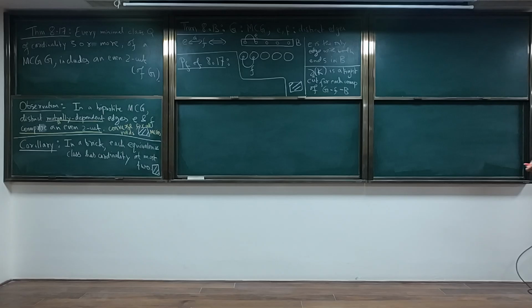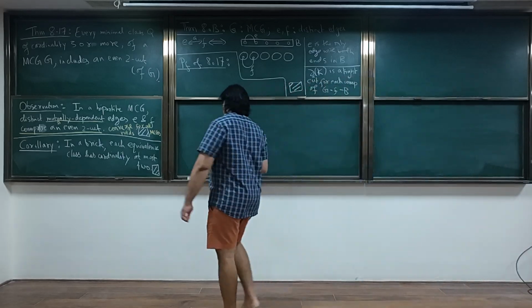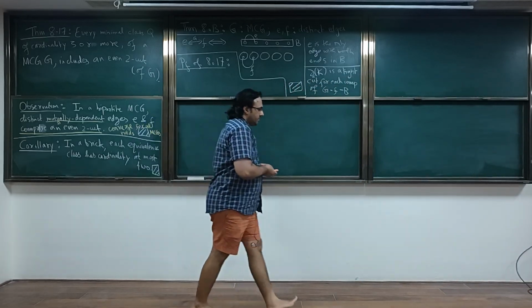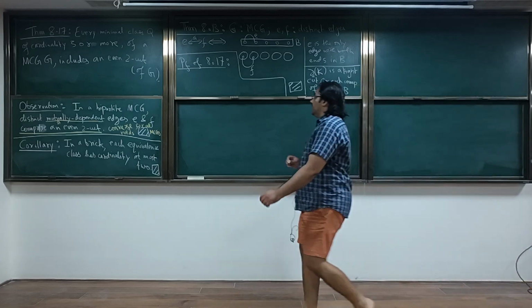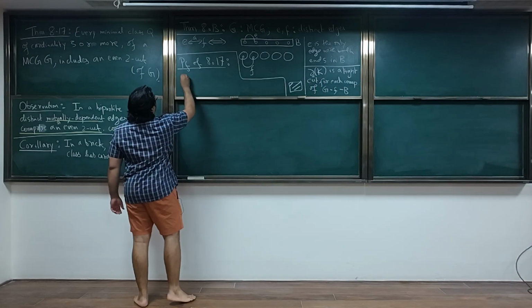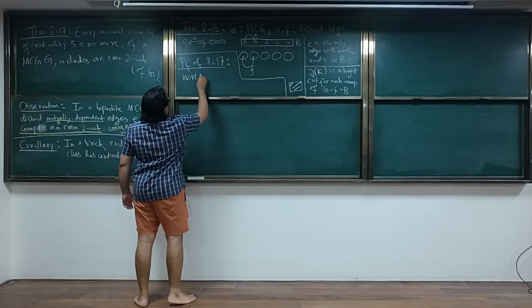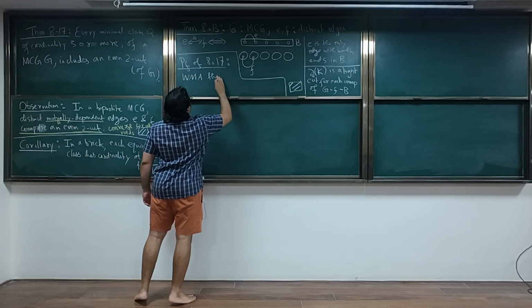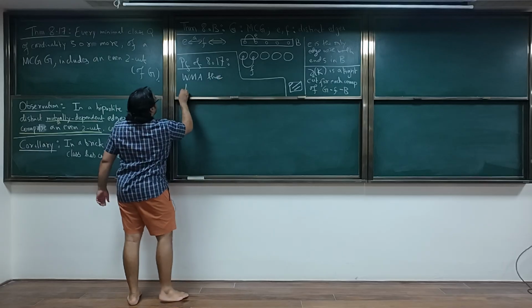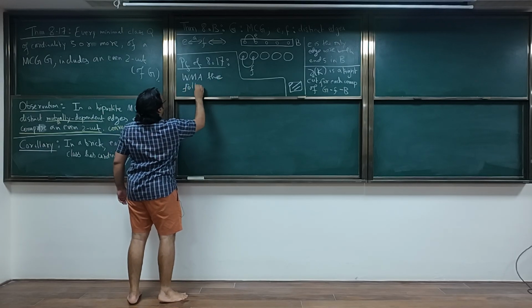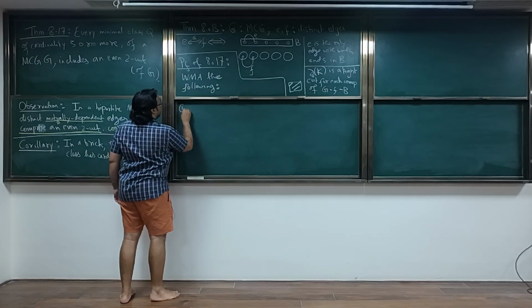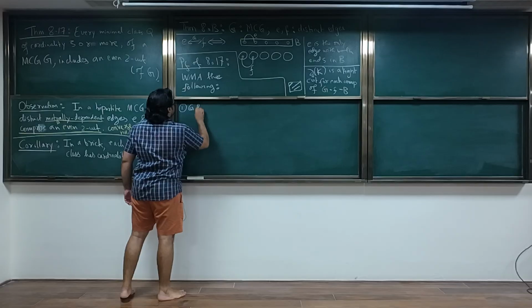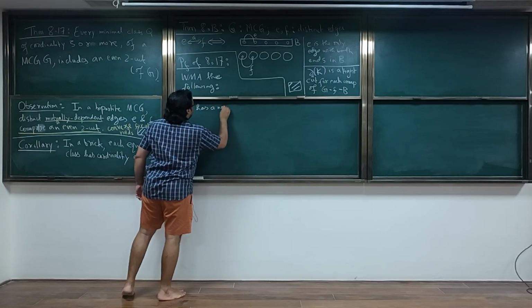So we are done with that. And then we started the proof of 8.17, and so we are done with bricks and bipartite graphs. So we may assume that our matching covered graph G, we may assume all of the following. First of all, G has a non-trivial tight cut.